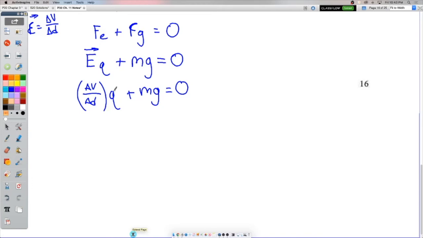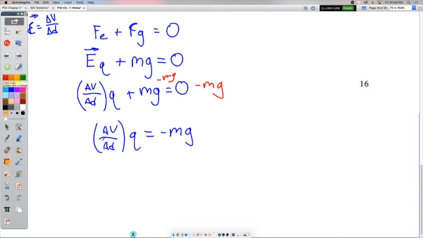So then let's isolate this for Q. We'll just subtract mg, the gravitational force, from both sides. Now we have the potential difference over the plate separation distance times the charge equals negative mg, and we multiply both sides by the reciprocal of this to get Q all alone. So that's separation distance over voltage.